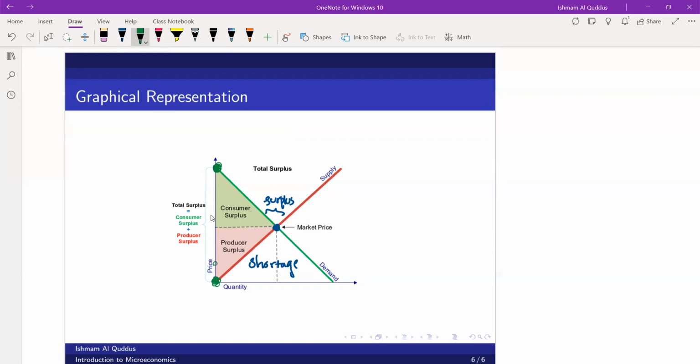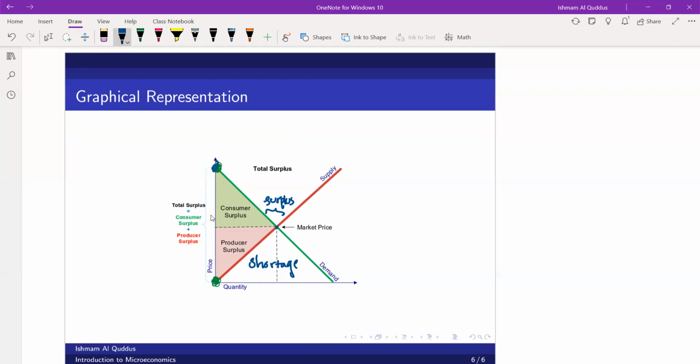What about the sellers whose lowest cost is at this point? Do you think they will engage? Well, I don't think so, because the market would not be efficient. At this point, the producer surplus would be smaller than the producer surplus we observed earlier.